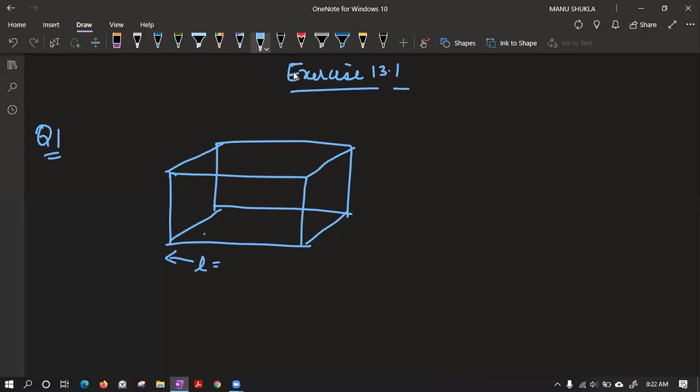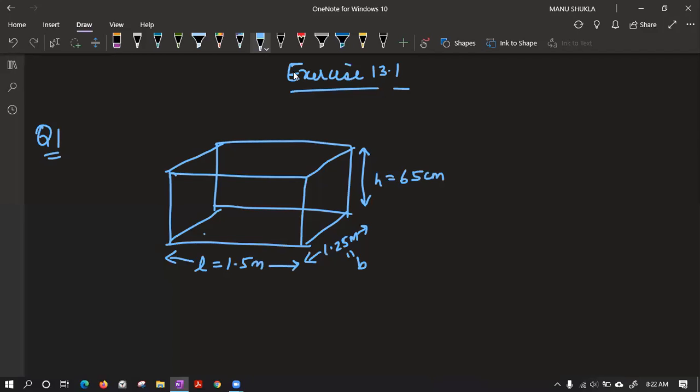So the length is given to you as 1.5 meter, 1.25 meter wide. This is your breadth. And then they are saying 65 centimeter deep. So deep means the depth inside. You can say the height is equal to 65 centimeter.